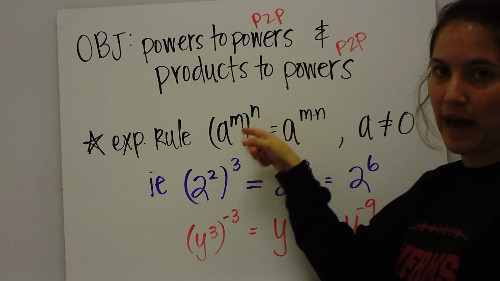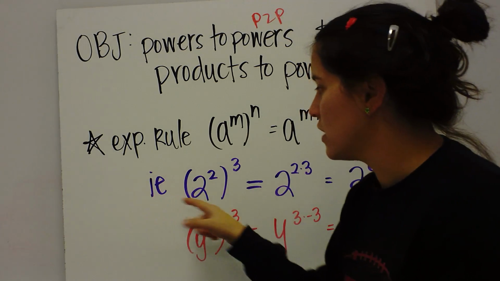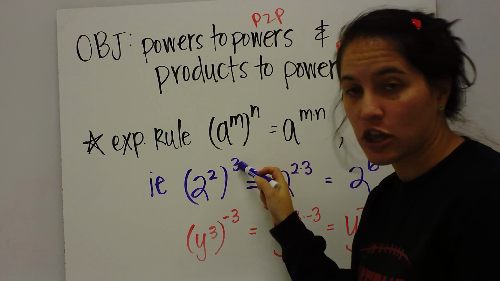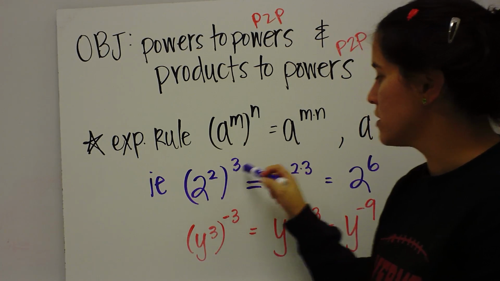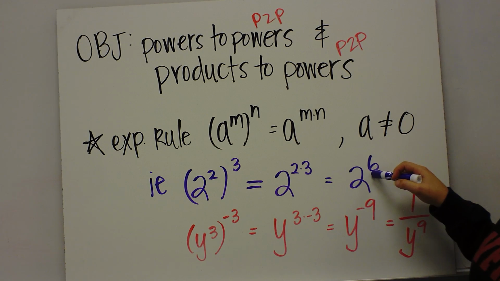You're going to multiply your powers as long as a is not 0. So here's an example. 2 to the second power raised to the third power. So you have a power to a power. You multiply 2 times 3, and then you get 2 to the 6th.